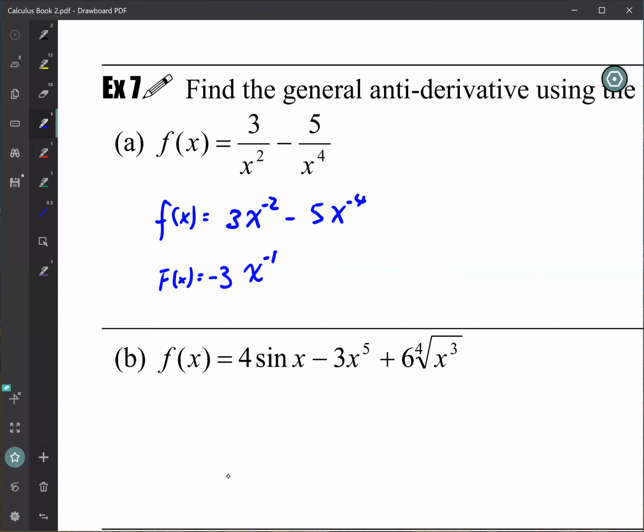Okay, next term, do the same thing. The constant stays there, so negative 5. Exponent add 1, divide by that. So Leon, what do you get? Wait, wouldn't it be plus 5x to the negative 3?